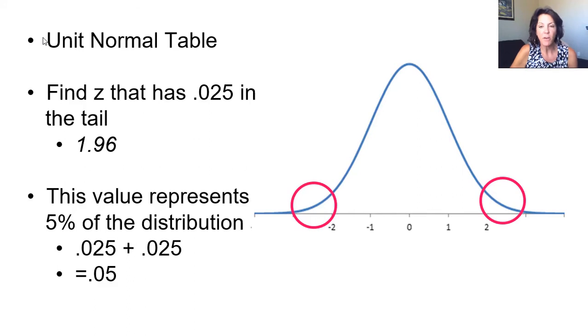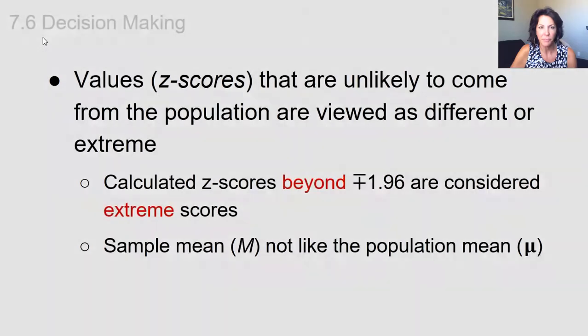This is going to be a very important area. We're going to call it our critical region, and it is our threshold for decision making. We're going to make decisions based on whether or not our sample mean can be found in the left tail or the right tail beyond negative 1.96 or positive 1.96.